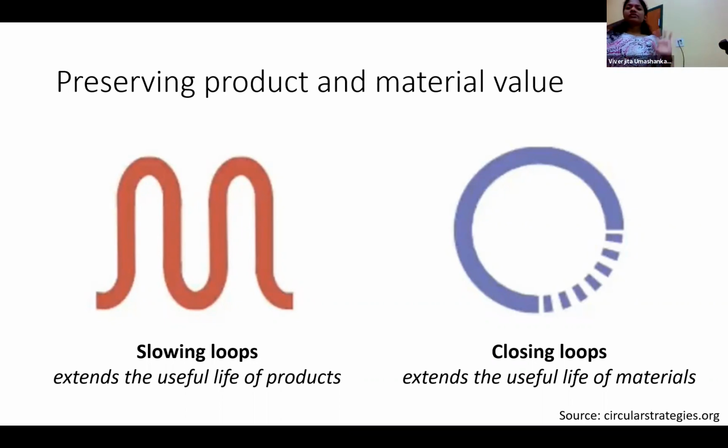So for the last 15 to 20 minutes, we have really been talking about how to rethink resource flows, from a linear system into something that is more circular. Putting this all together, the three principles of mimicking natural regenerative systems, designing out waste, and preserving the product and material value really give the whole idea of a circular economy.